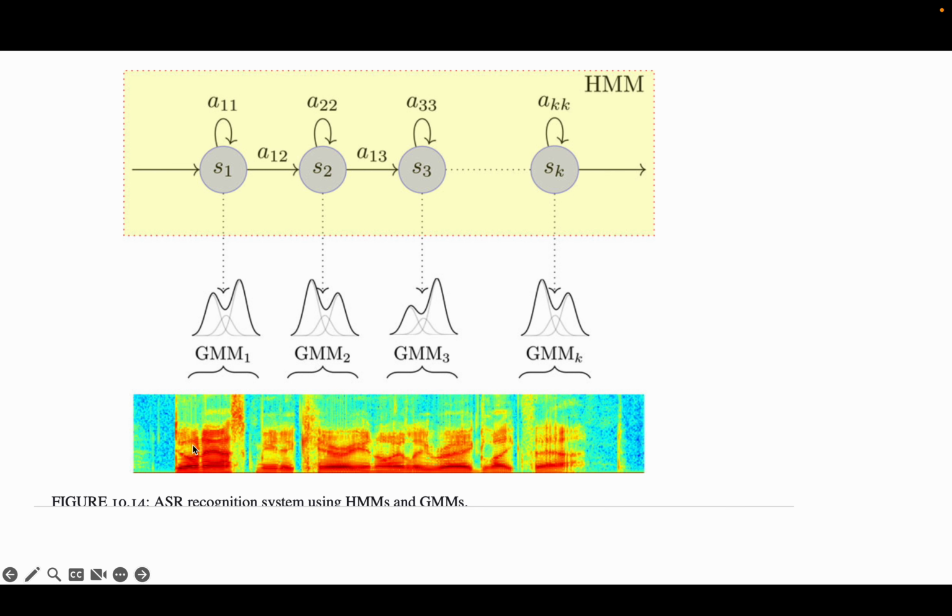Let's take a word with 3 sounds. Fox. So I have an F, an O, and an X. For that first sound, the F, there's a probability that it's an F based on the formant, and we assume it has a normal or Gaussian distribution.